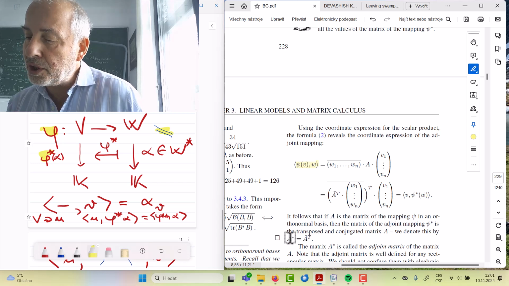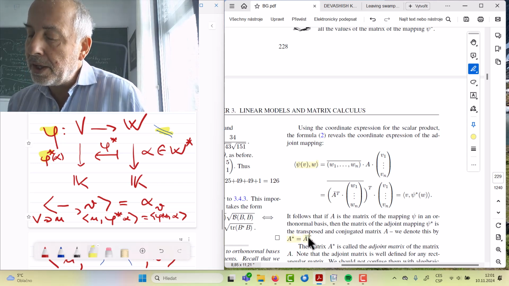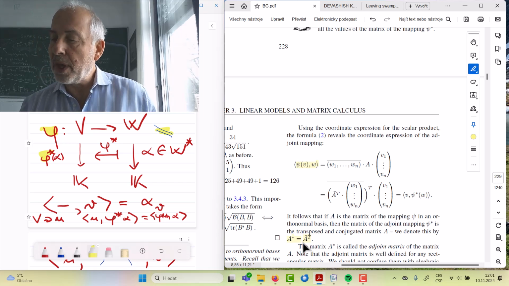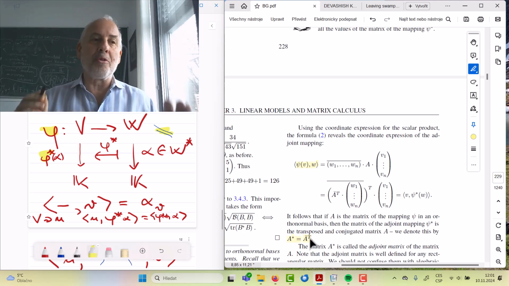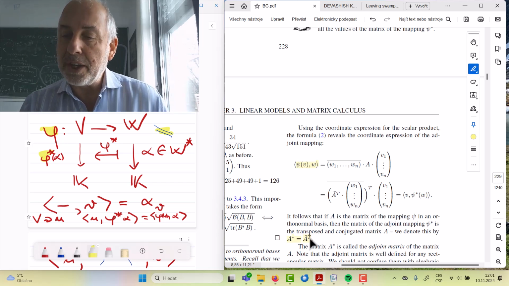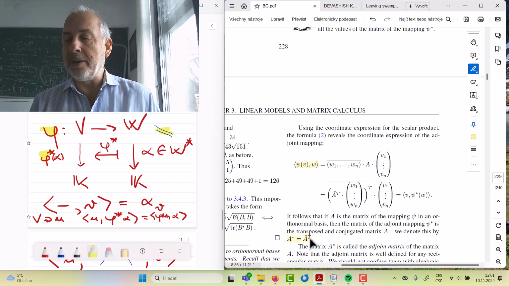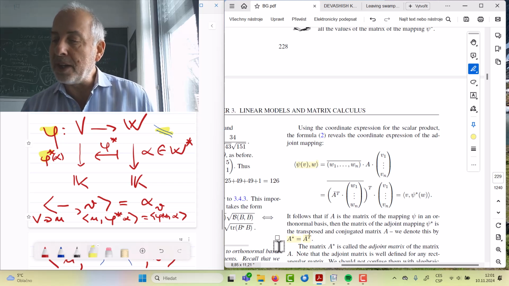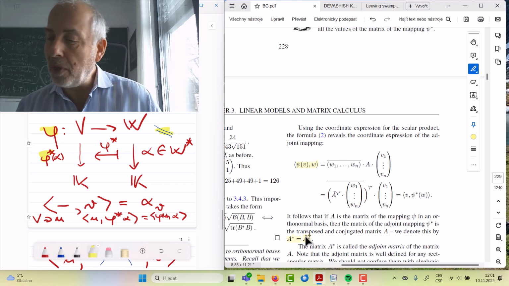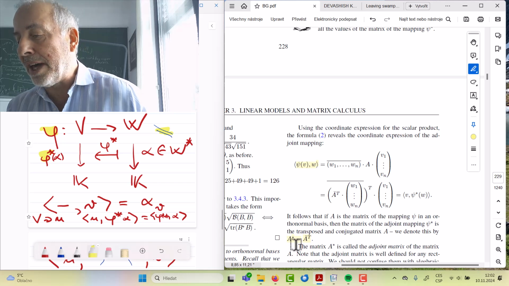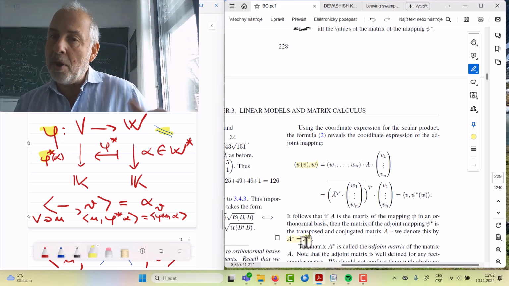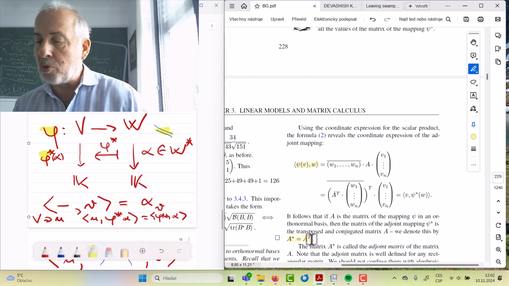If I start with a linear map phi and I look for phi star in terms of a chosen orthonormal basis, then phi star, the adjoint map, will have the matrix A star, which is the notation for applying both the conjugation and transpose, right?